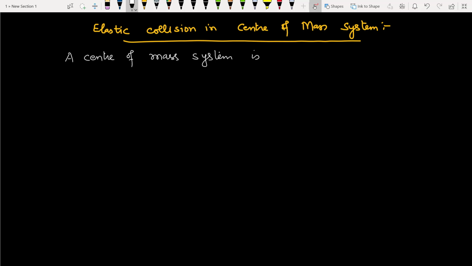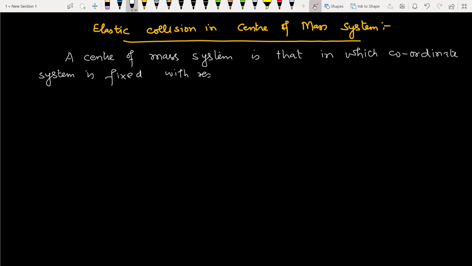So center of mass system is that system in which the coordinate system is fixed with respect to the center of mass of the colliding particles.